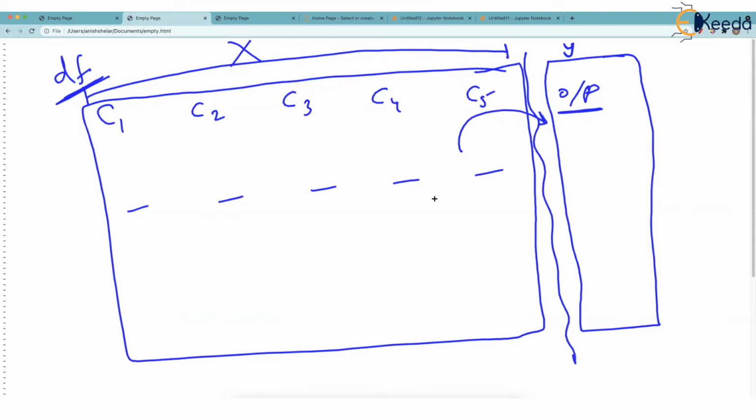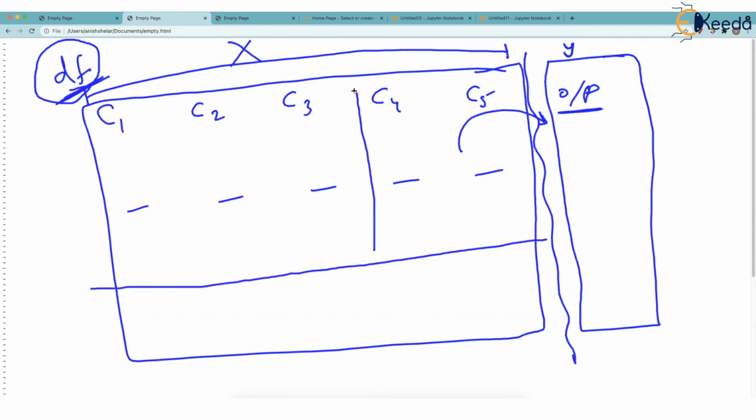We got this X by breaking df, correct? Df was broken. But we will again break this X such that some of the rows will be in xtrain, and some other rows will be in xtest. So we'll again create two different data frames.